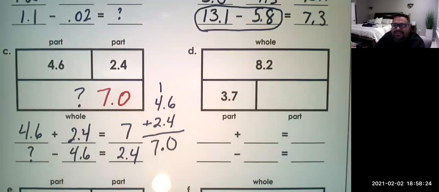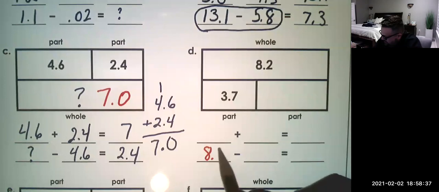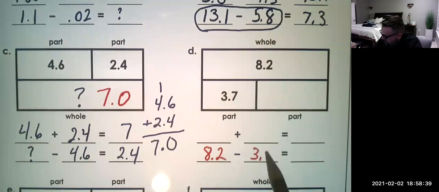If you don't put it in exactly the way I write it, I know you can add zeros in there, but please, for Canvas purposes, put it in the exact way I type it, okay? And then for D, you have the whole. That's when I like to come over here and do 8.2 minus 3.7.